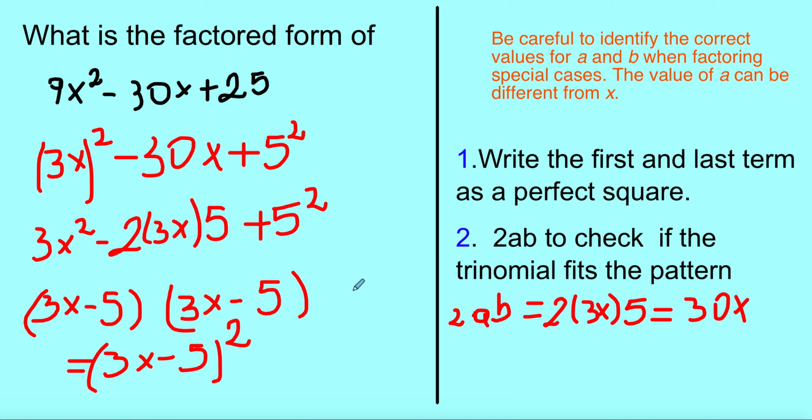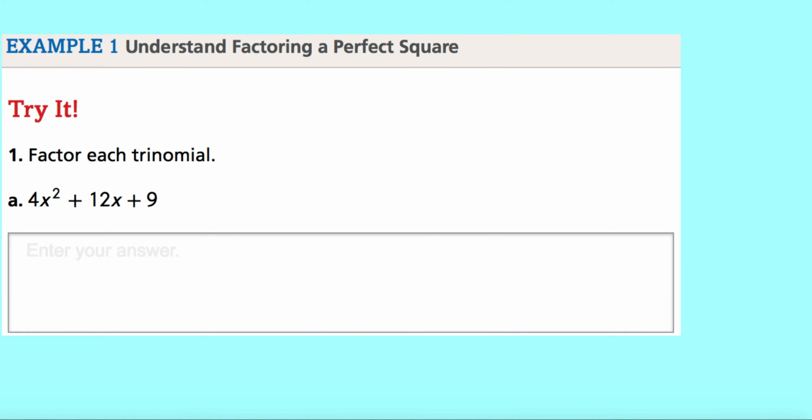And a minus b squared, when the trinomial fits the pattern, is going to be like this: a squared minus 2ab plus b squared.